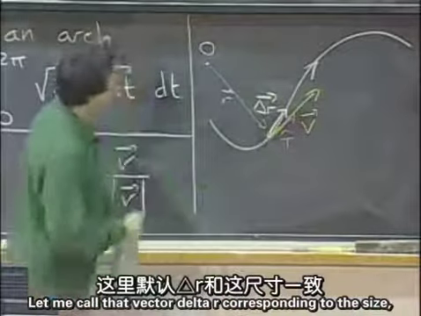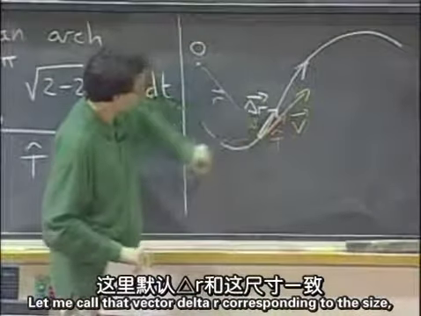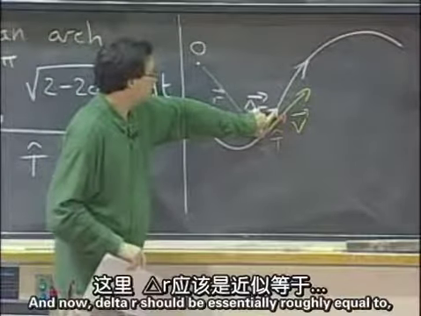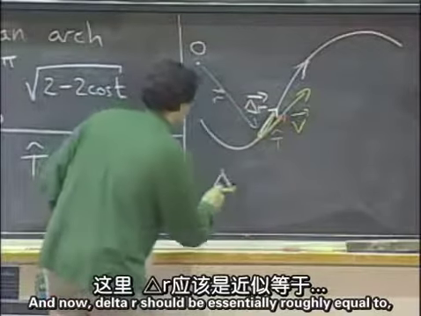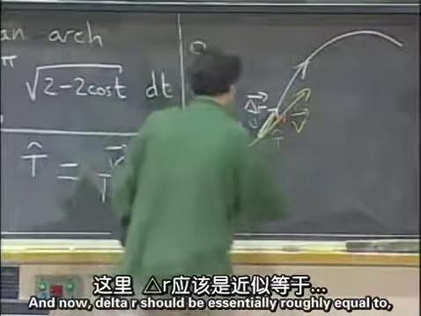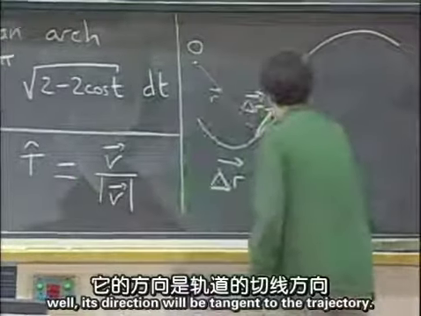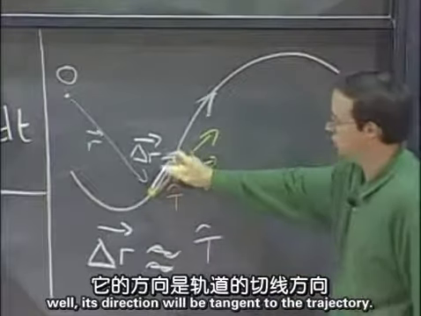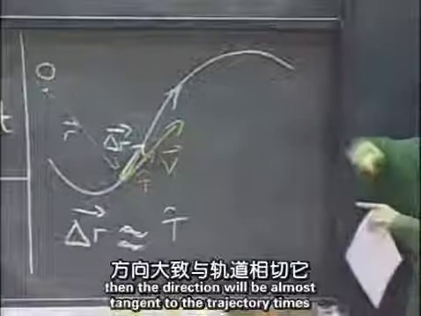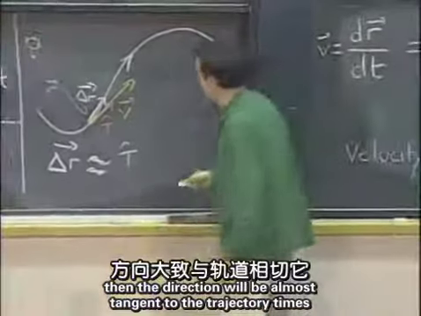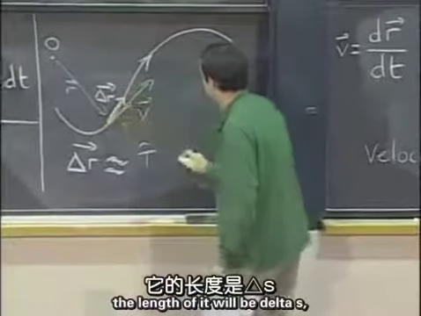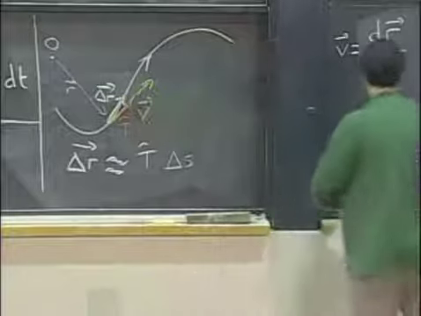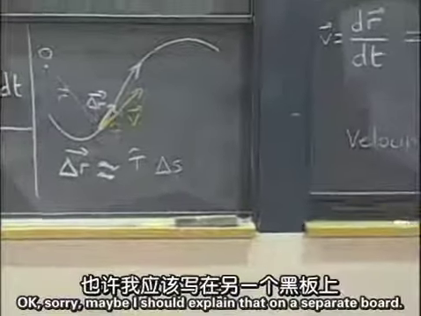Let me call that vector delta r, corresponding to the length delta s. And now delta r should be roughly equal to, well, its direction will be tangent to the trajectory. If I take a small enough interval, then the motion will be almost tangent to the trajectory, times the length of it will be delta s, the distance that I have traveled. Okay, maybe I should re-explain that on a separate board.